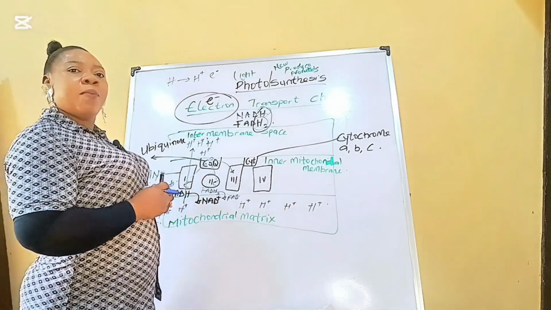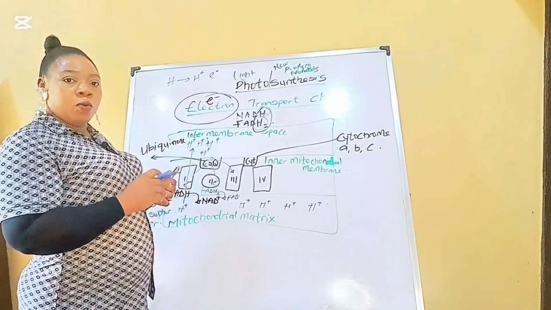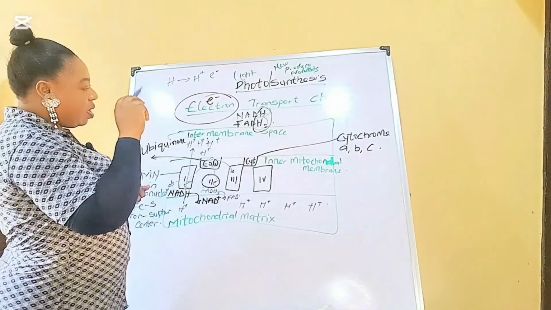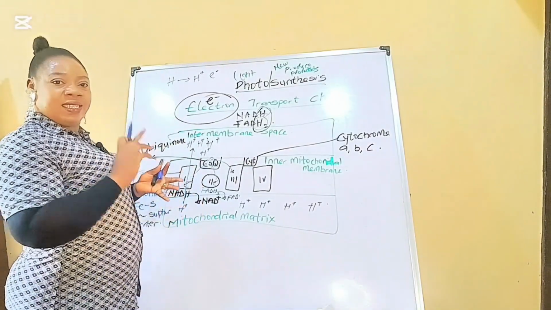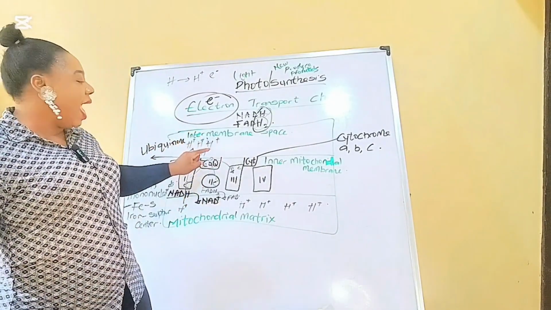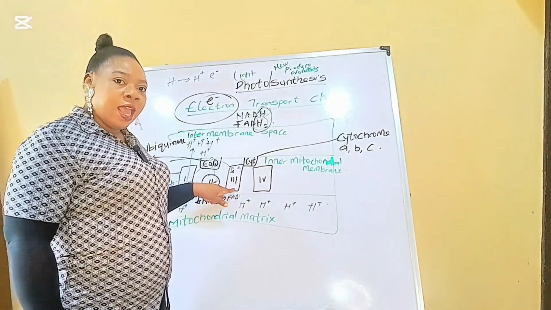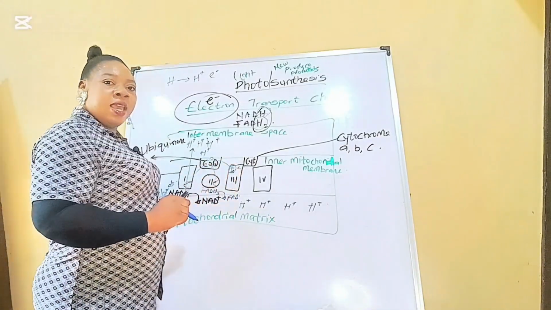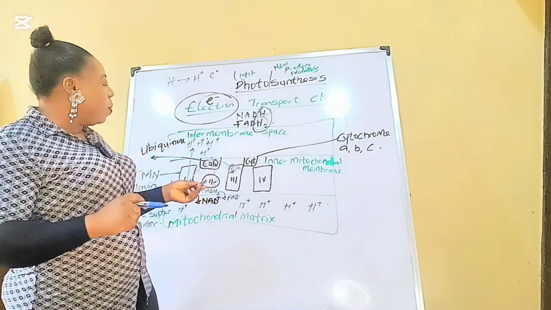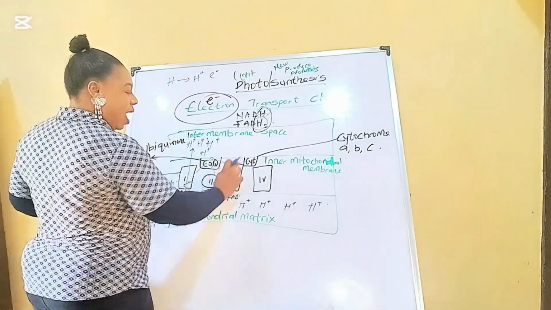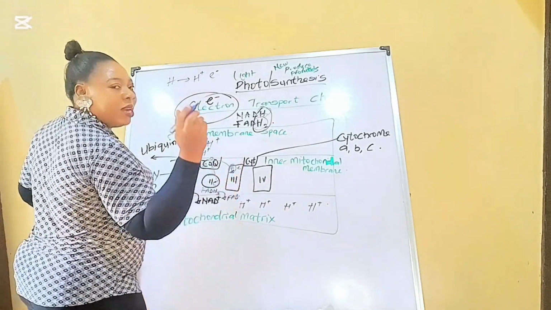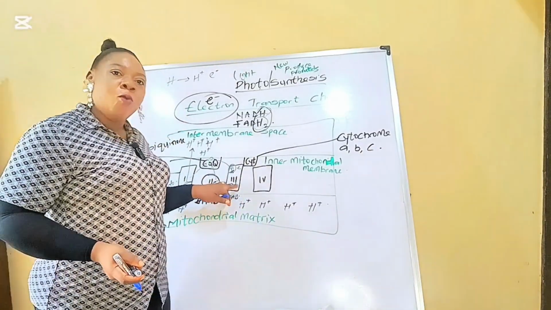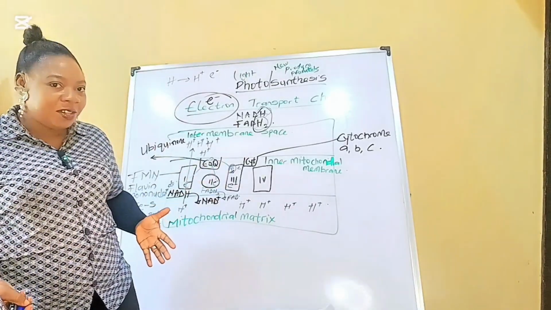Now, in complex 3, what happened in complex 3? Remember I said we have cytochromes. In this complex 3, we have cytochrome B and we have cytochrome C. So the electron coming from ubiquinone, when it enters into complex 3, will stay at cytochrome B. From cytochrome B, it will be passed to cytochrome C. Now this complex 3 also has the presence of electron, and the presence of electron here will also make this complex supercharged.